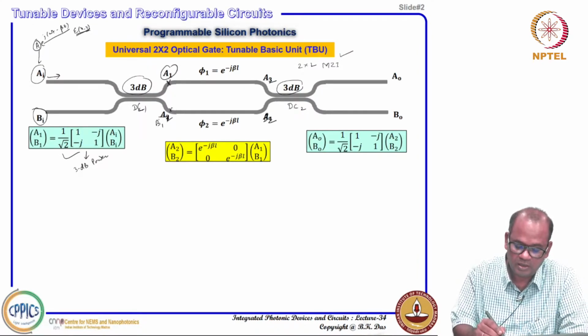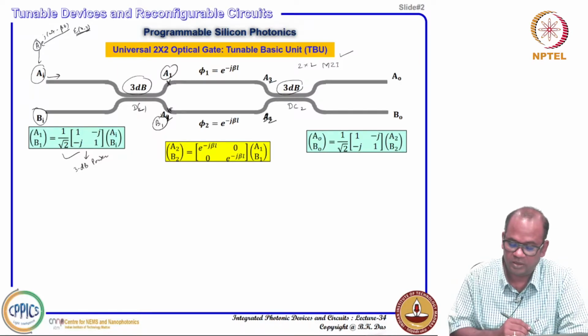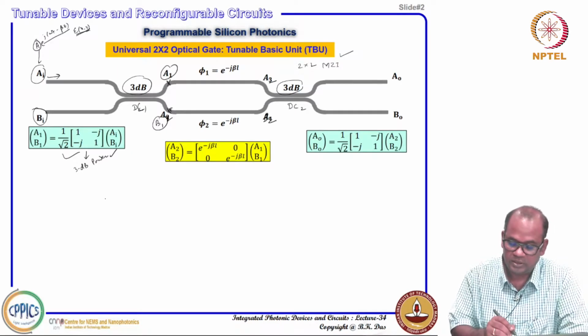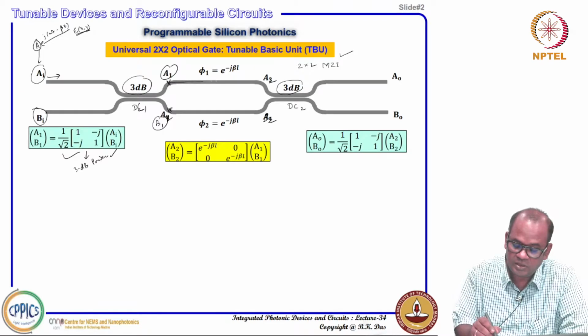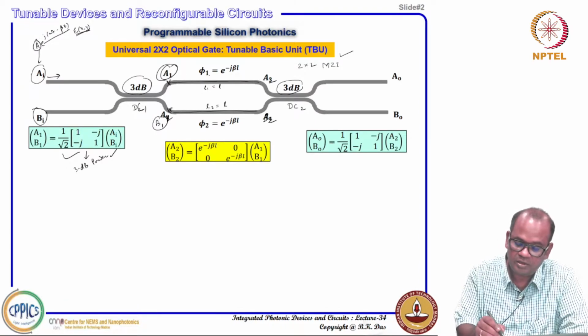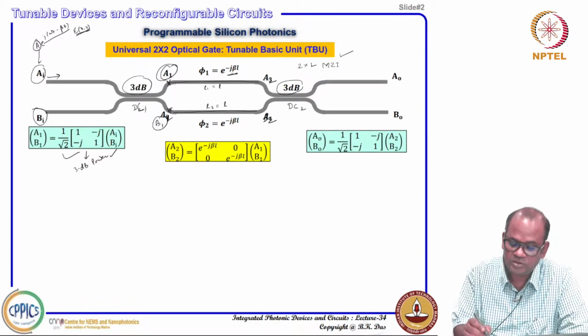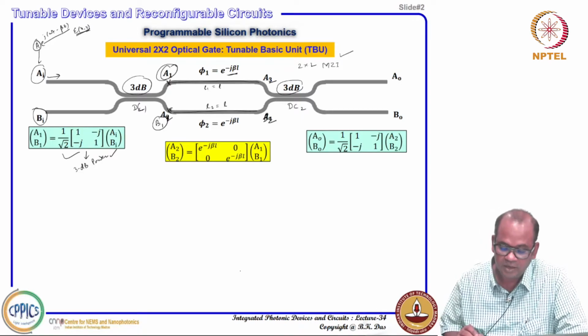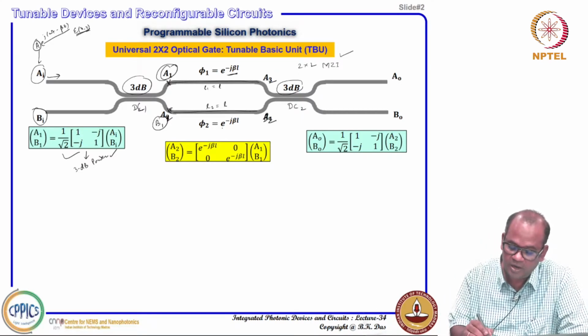This is A_1 and this is B_1, whatever field is coming here is related here. And if this is a balanced Mach-Zehnder interferometer, that means length L_1 equal to L, L_2 equal to L, then when propagating through this length, the field will acquire a certain phase, e^{-j beta L}, which we just put down here, and phi_2 also.